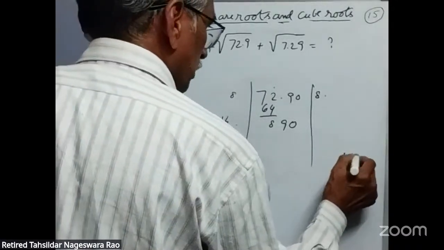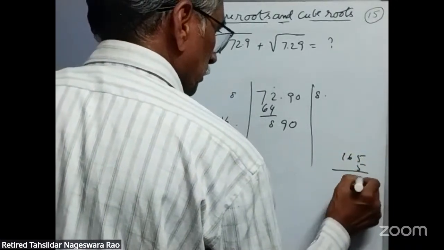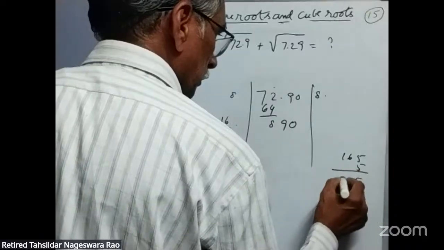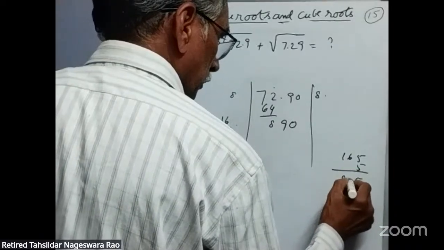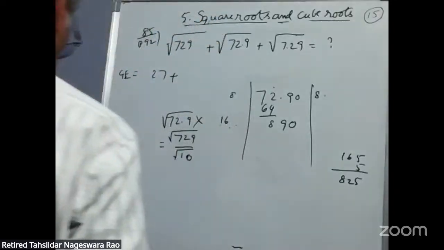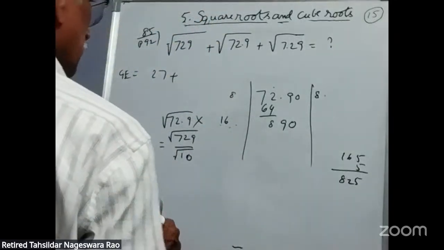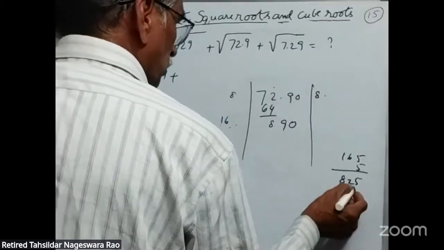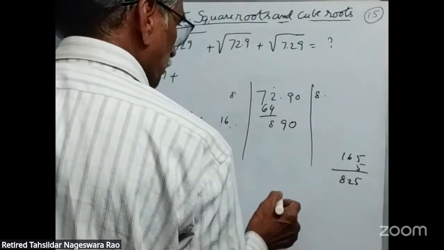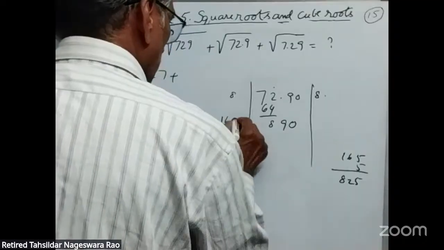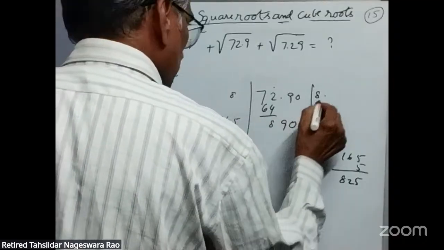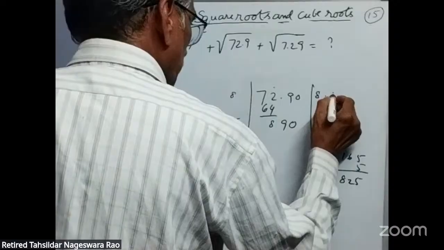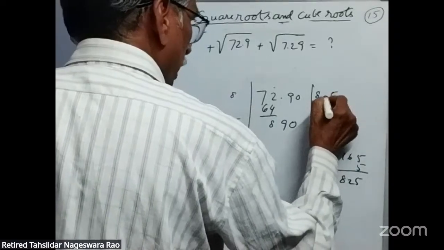Let us find out what is 165 into 5. 825. Balance is not much. So it is possible. The only balance is 65. With point here.